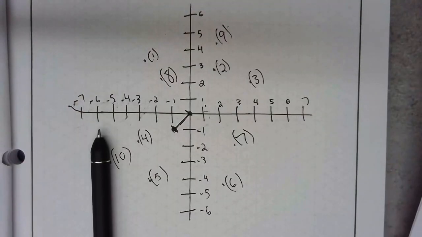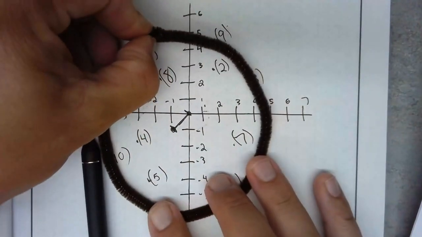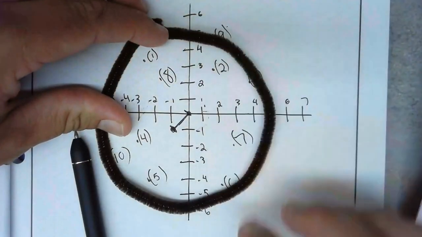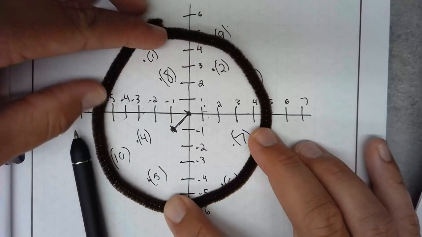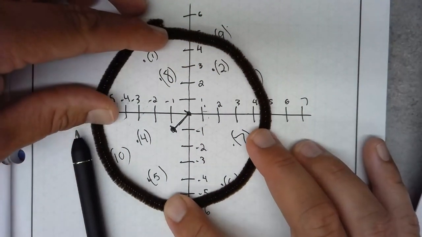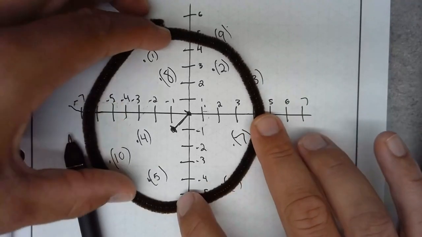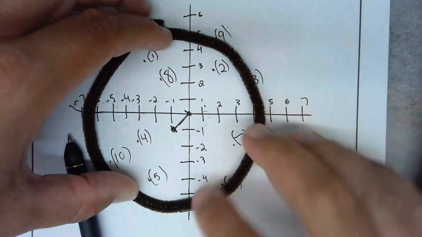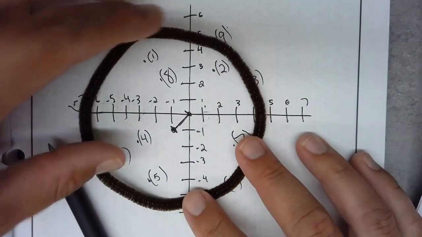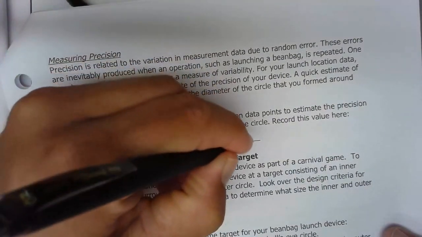If we go back here to our circle and measure the diameter, all the way across that circle, mine goes all the way to 6 and over to 4. That happens to be pretty close to my diameter, right in the middle. So I would say my diameter is 10 inches.